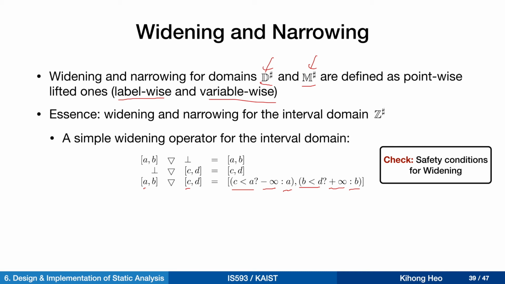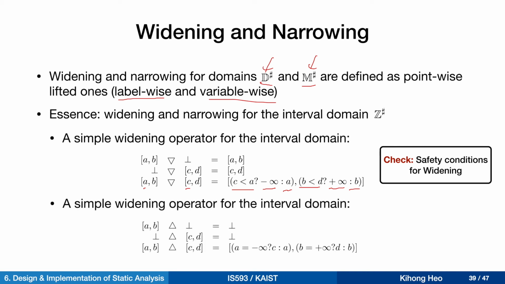The next is a simple narrowing operator for the interval domain. Again, let's take a look at the last case. The point of this narrowing operator is that it only takes care of a decreasing step with a big jump from infinity to a finite number. Otherwise, it ignores. What does that mean? It first checks whether the old upper bound is infinity or not.